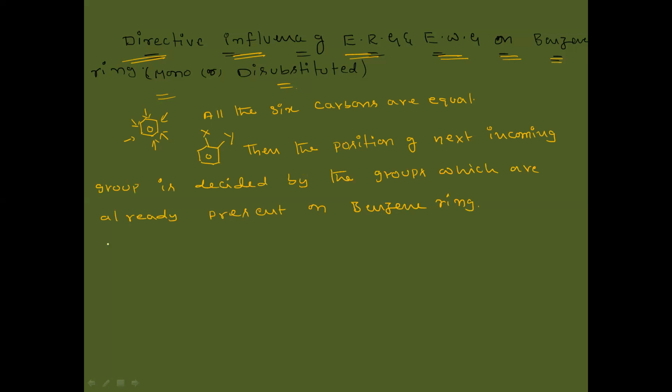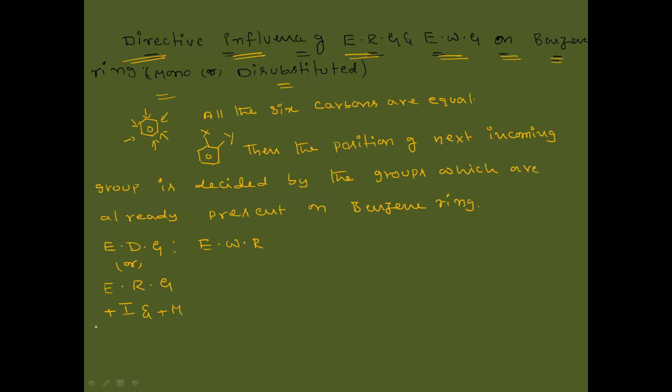So whenever you are discussing this, you have to know about two types of groups. One is the electron donating group and another is the electron withdrawing group. The electron releasing groups and electron donating groups are both the same. These groups will show plus I and plus M effect.